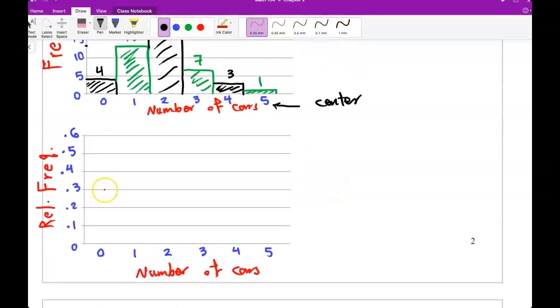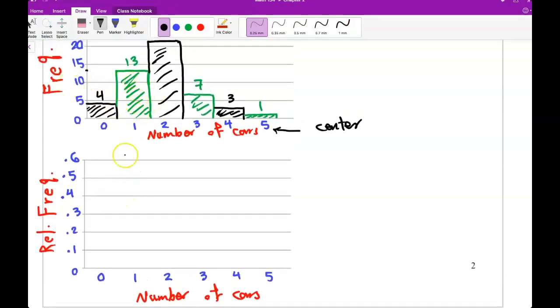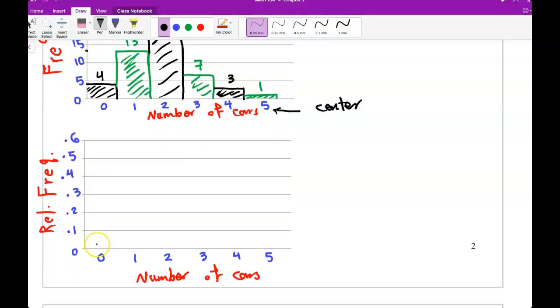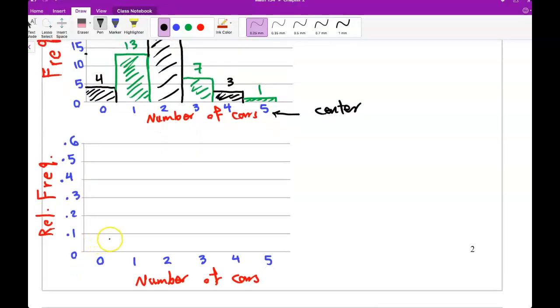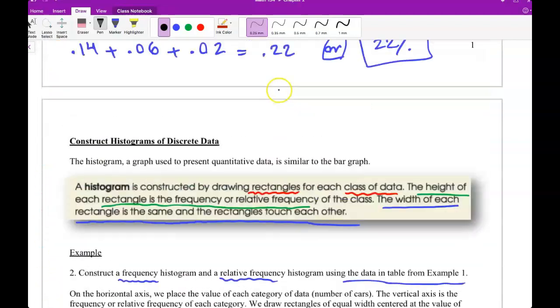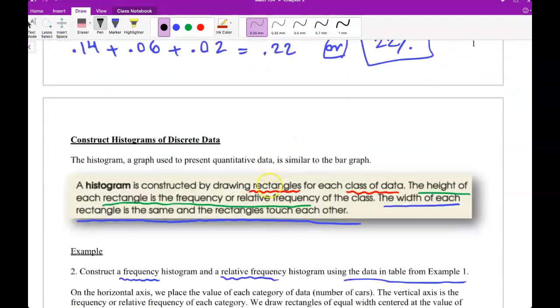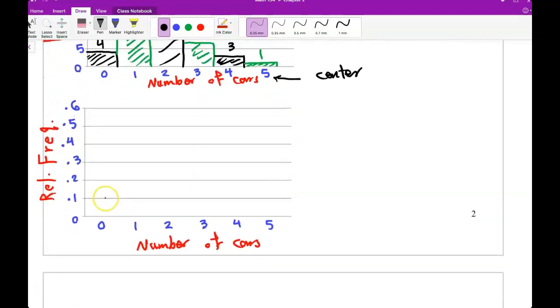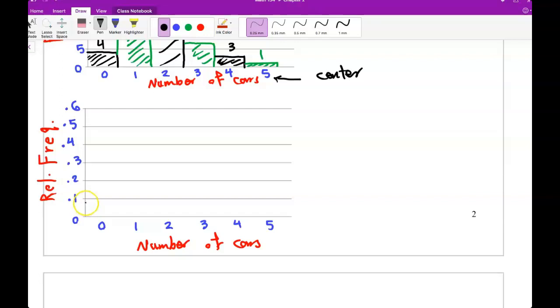Okay, I use the same colors that I had here on this part. We should have exactly the same shape. So for the first one, we have 8% here. For one car, 26%. That is 25. Here is 26.